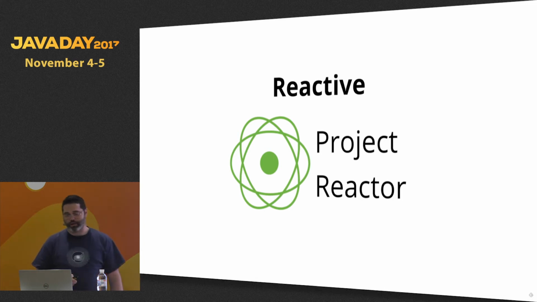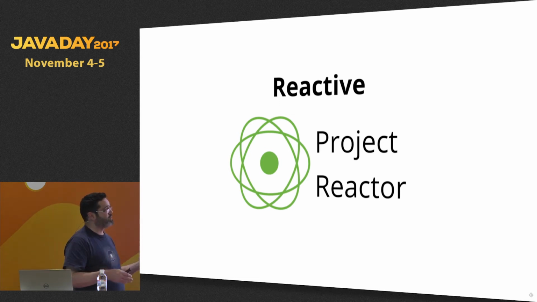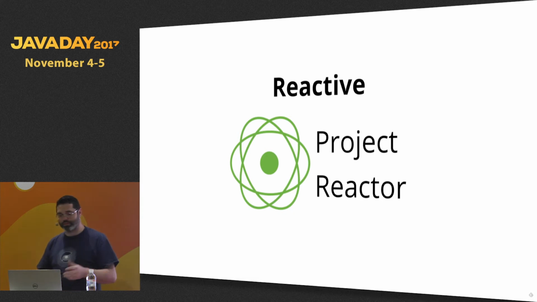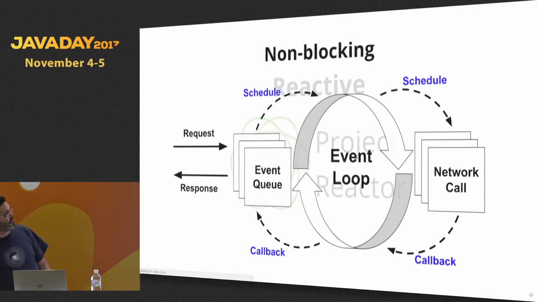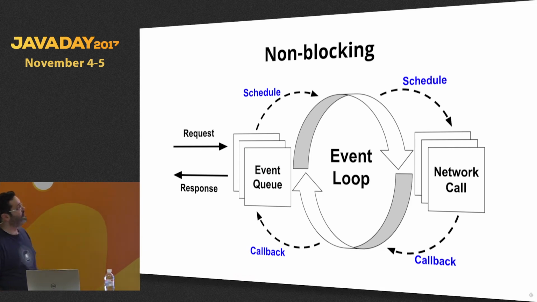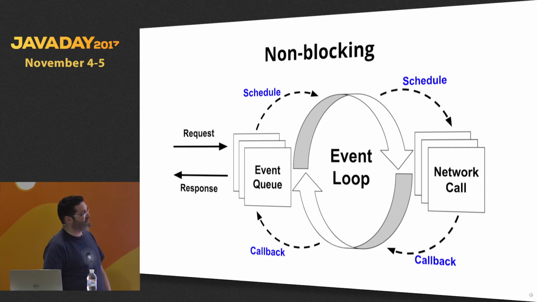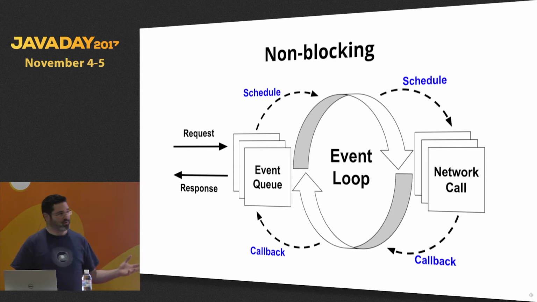So Project Reactor. This provides us with non-blocking I/O. It also allows us to react to back pressure, right? The client can say, or the server can say to the client, hey, I only have this many available. And this is one of the projects that is sponsored by Pivotal. I redrew this picture from one of those presentations given by the Netflix engineers, but this is essentially what the event loop looks like.